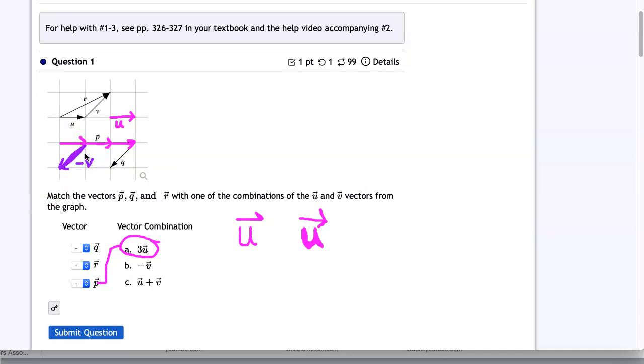So negative v occurs when you have the same length as positive v, but you go in the opposite direction. And you see that q fits that description right here. q is going in the opposite direction, but has the same length as v. So q is the same thing as negative v.